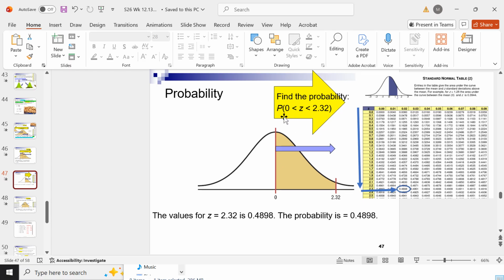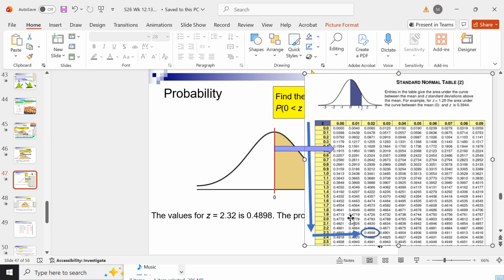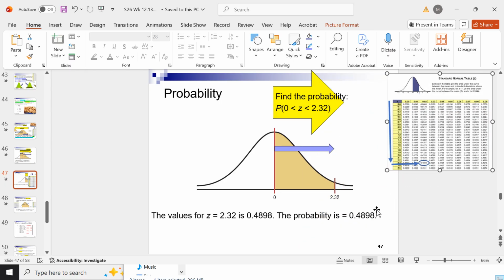Find the probability where z is in between 0 and positive 2.32. So between 0 and here. You find the Z-score on the Z-score table, positive 2.32, which is 48.98 if my eyes are all right.